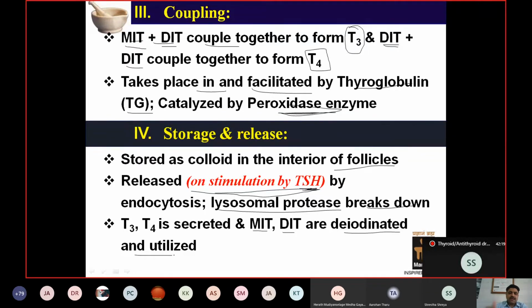That iodine will be free and will enter the follicle again, and the same iodine oxidation and then iodination happens.